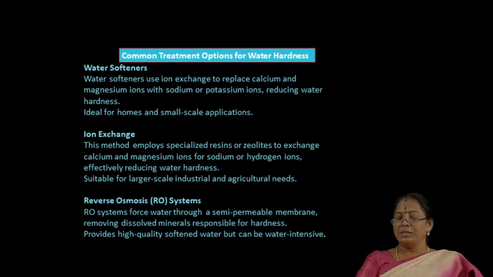Then reverse osmosis: a semi-permeable membrane is used to control the hardness of water, that means the ions are retained by the semi-permeable membrane. After filtration, the water becomes soft water.